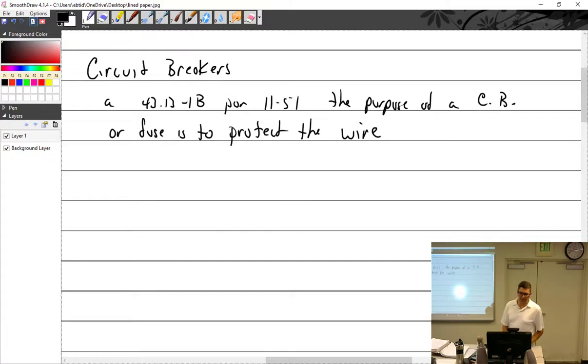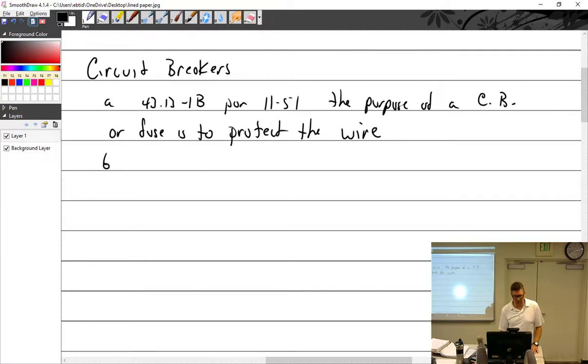So when selecting the proper circuit breaker, do I look at the component or the wire? Right, but where did I get the size of the wire from? From the component. So if a component's got X number of amps and it's a certain feet run, then I'm going to select the right wire. Then I'm going to go to my circuit breaker section and say, okay, I've selected the right wire. Now let me select the correct circuit breaker.